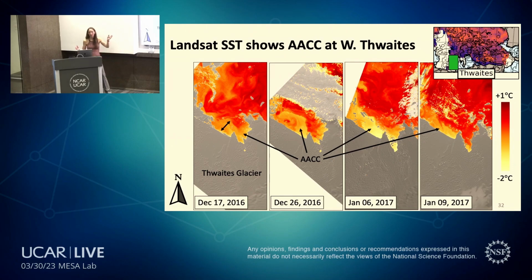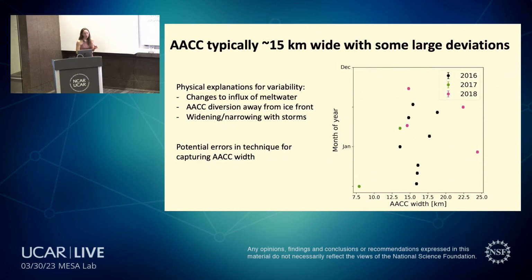And what we can do, just as a simple measurement to start, is measure the width of this current based on the temperature gradient. And measuring that over time, this is showing that from 2016 to 2018, it's from December down to February on the y-axis, and it's the coastal current width along the x-axis.